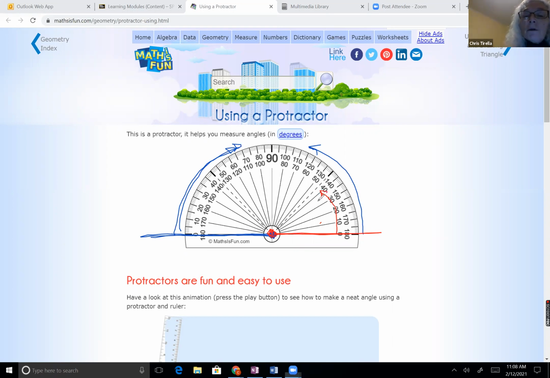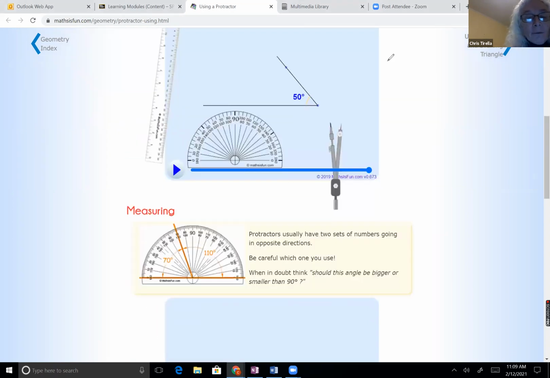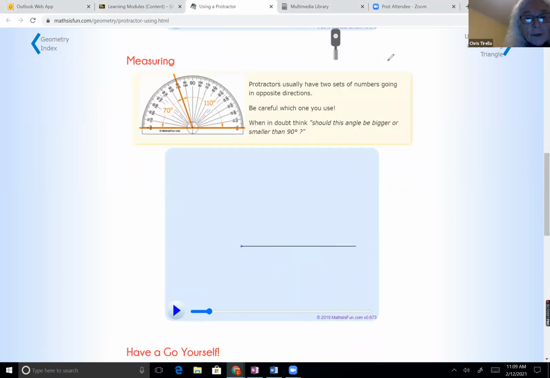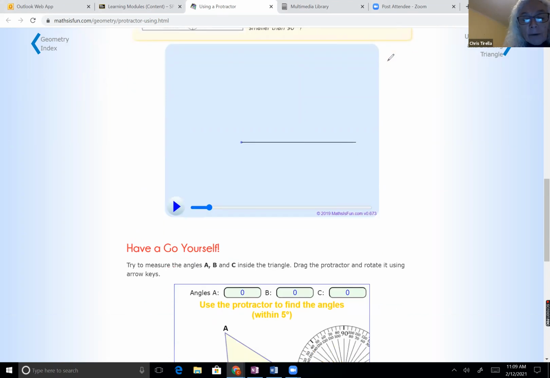In terms of measuring an angle, I always forget when I'm doing this to turn my finger from pen to mouse.